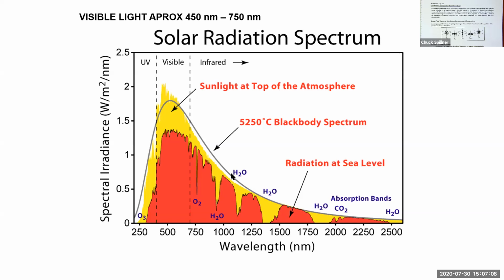And so the water vapor is preventing us from being exposed to some of the solar radiation. Actually, the upper atmosphere protects us from a lot of UV radiation. It filters out quite a bit of visible radiation also. And then some of these other longer wavelengths are also filtered out by water.